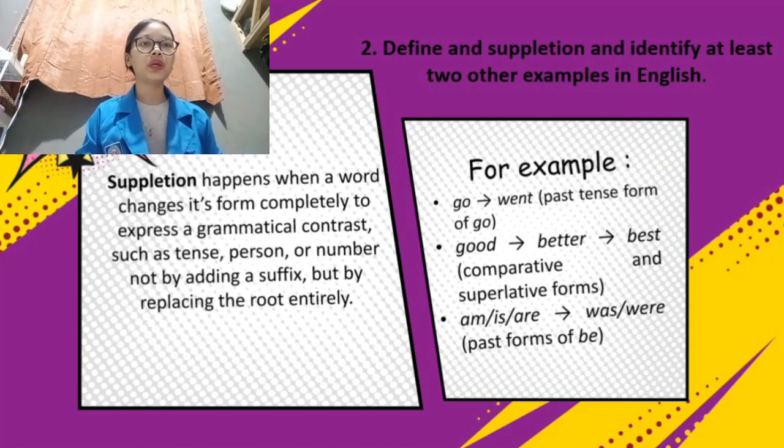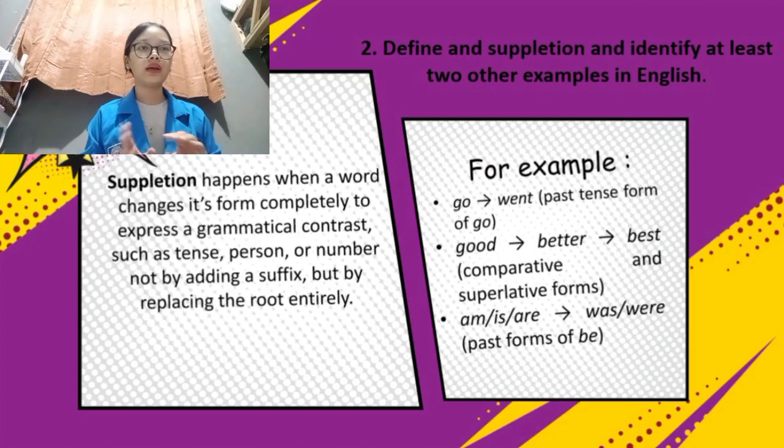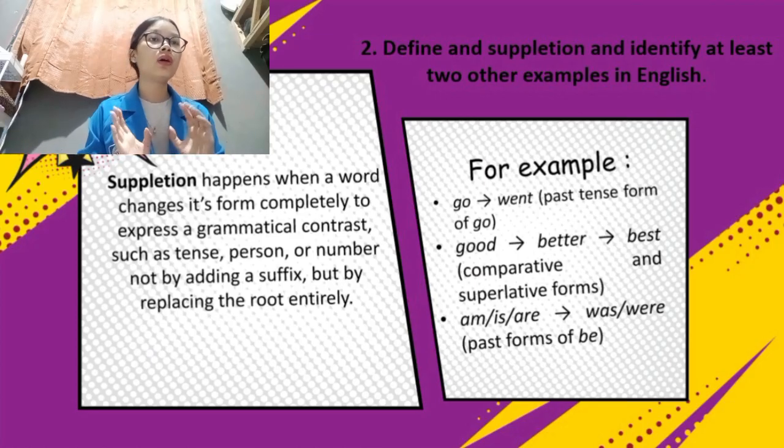Suppletion happens when a word changes completely to express a grammatical contrast, such as tense, person, or number, not by adding a suffix but by replacing the root entirely. For example, we have go, where go becomes went in the past tense form.